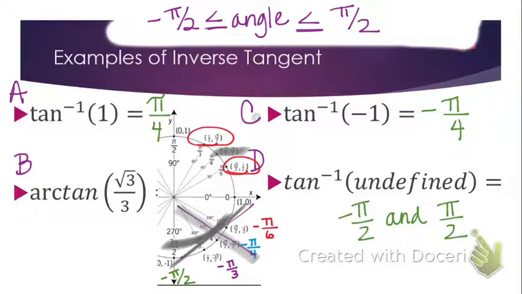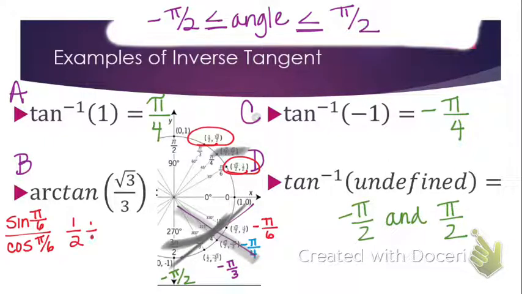So let's go ahead and divide to see which one is going to give us the square root of 3/3. So let's look at pi/6. If I take the sine of pi/6 and divide that by the cosine of pi/6, let's see what we get. Well, the sine of pi/6 is 1/2.